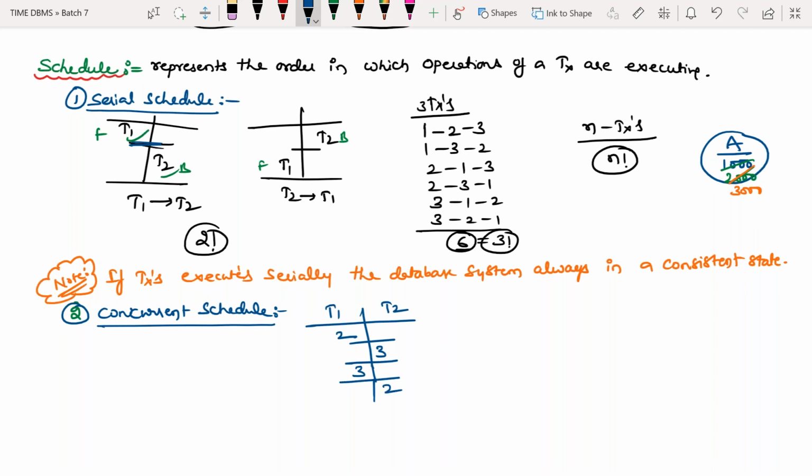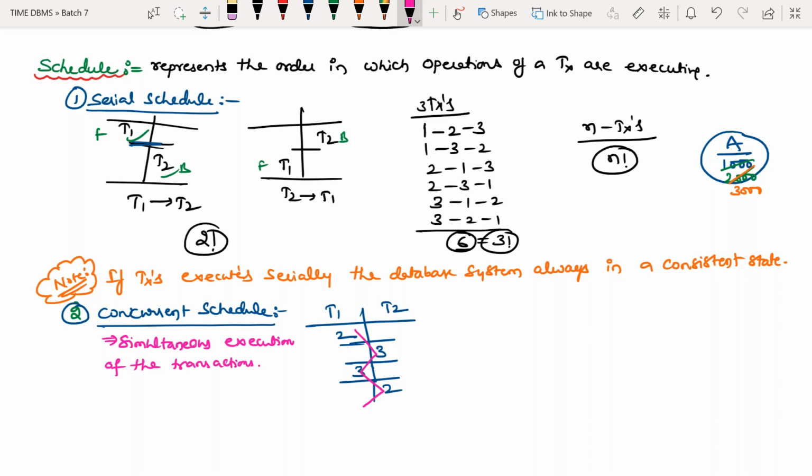Next T2 executes 2 operations, and so on. This kind of execution, sometimes T1, sometimes T2, is called concurrent execution. Simultaneous execution of the transactions is called a concurrent schedule.